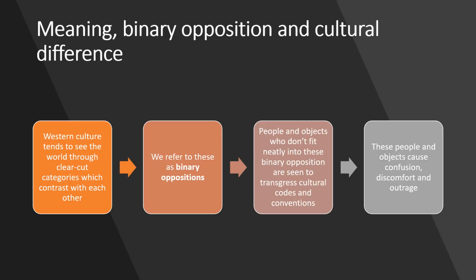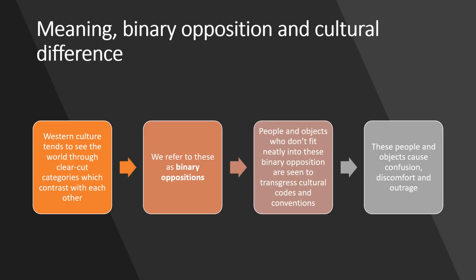So the media's reliance on binary opposition means that people and objects who don't neatly fall into those categories are seen to transgress cultural codes and conventions. So people who don't fit neatly into binary oppositions are seen to be transgressing the norm.